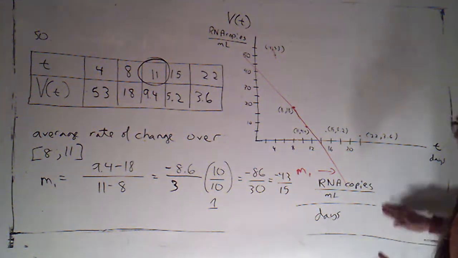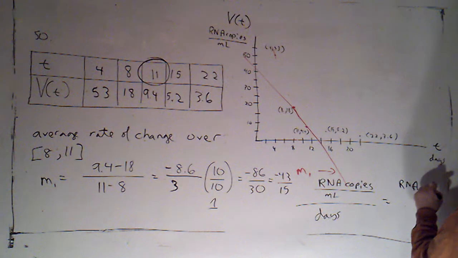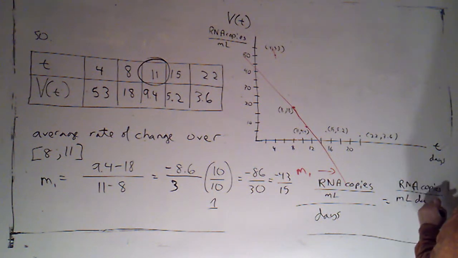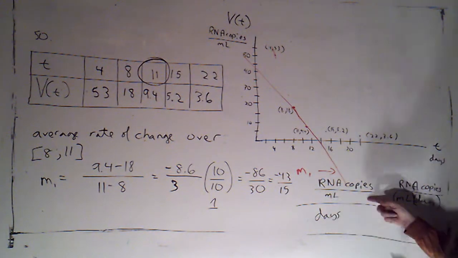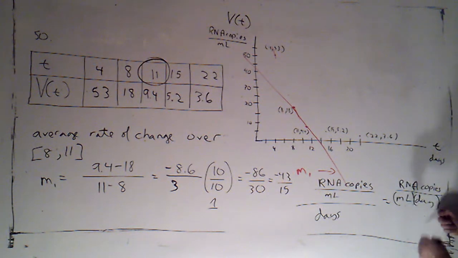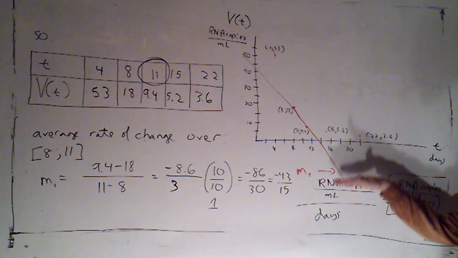Now, I could also rewrite this as RNA copies per milliliter day. Just like with plain old regular fractions with numbers, dividing by days is the same as multiplying by 1 over days, and so that puts it into the denominator. So very often you'll see units that look something like this. Generally they come from some sort of a complex fraction.